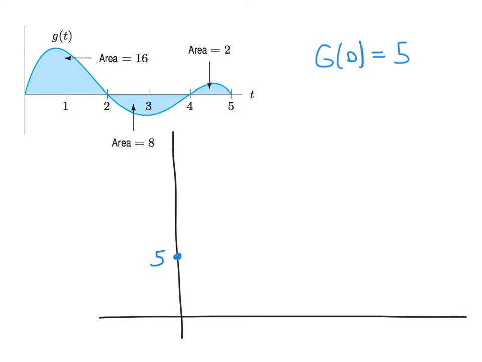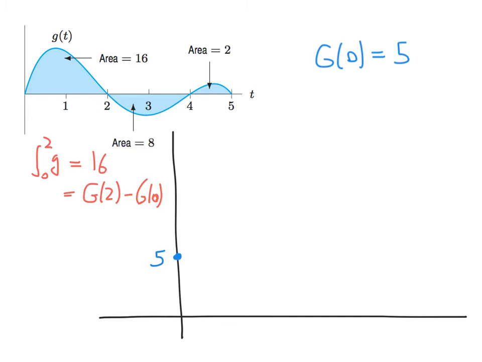So we would have that the integral from 0 to 2 of g is equal to 16. But we also know from the fundamental theorem of calculus that this is the same as capital G of 2 minus capital G of 0.